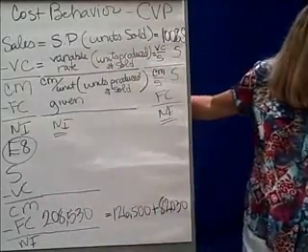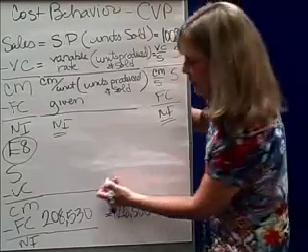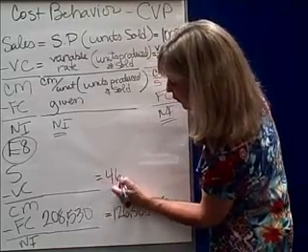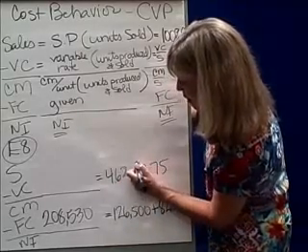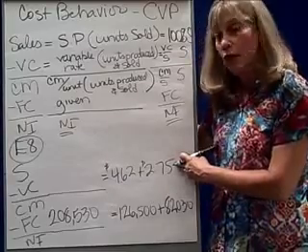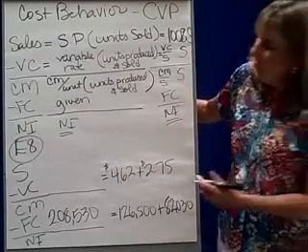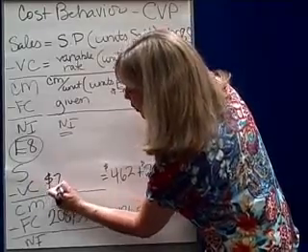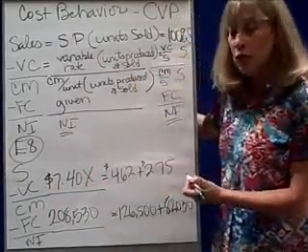Okay? If variable costs are $4.62 and $2.75, so $4.62 and $2.75 are the two kinds, product variable cost and period variable cost. Adding those together, the total variable cost is going to be $7.40 for every unit I sell or produce.